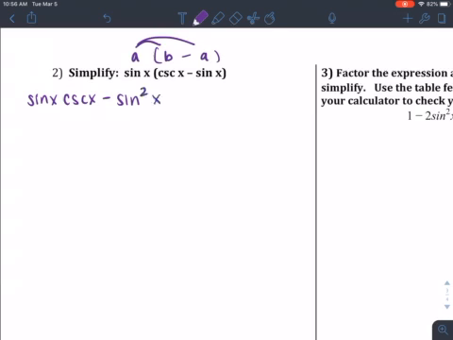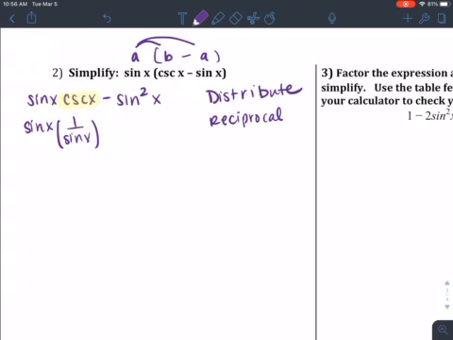Now, I can't do much with this cosecant, so what can I replace the cosecant of x with? Well, using the reciprocal identity, I know that cosecant of x is 1 over the sine of x, minus sine squared x.